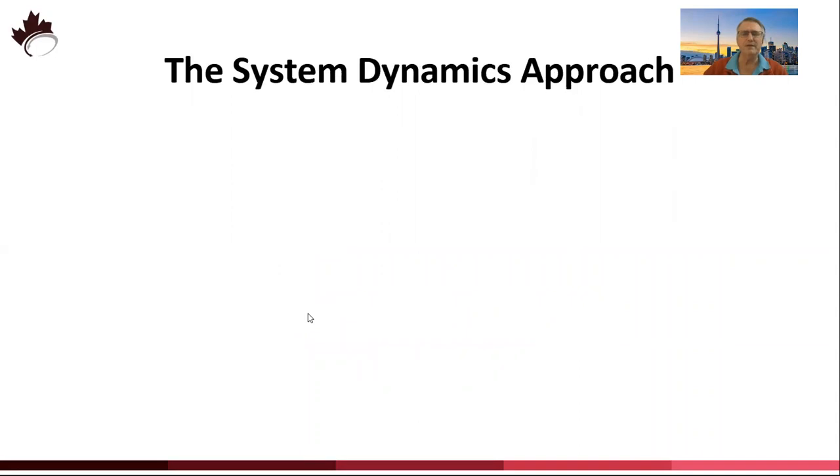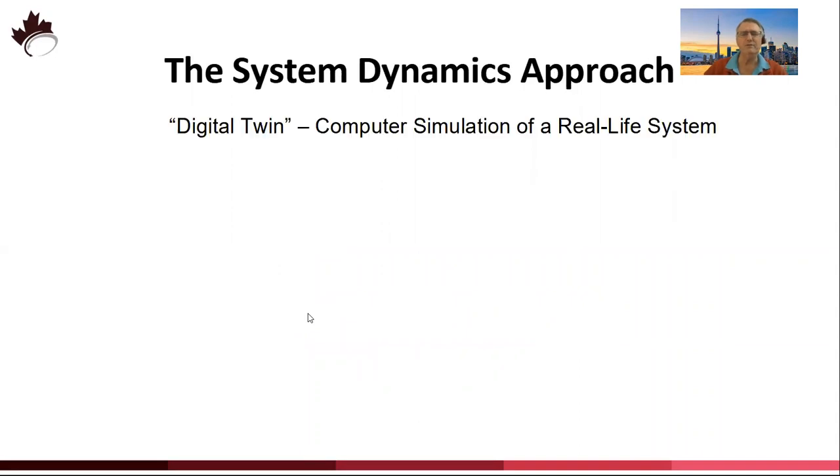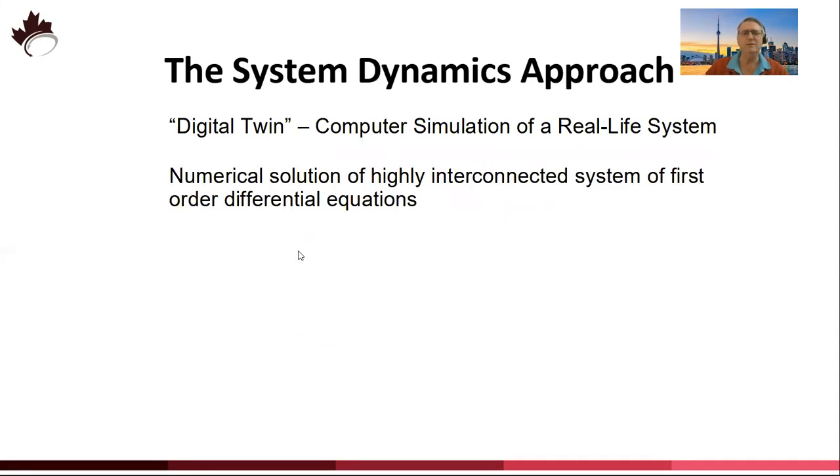We use the system dynamics approach, which involves building a computer simulation of a real-life system, which we call a digital twin. And with this digital twin, we can examine policies that might have an impact on the future of the real-life system. Now, system dynamics is the simulation technique that we used, and it involves the numerical solution of highly interconnected systems of first-order differential equations.